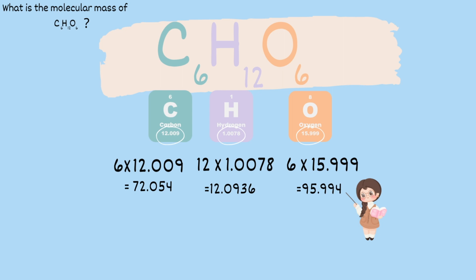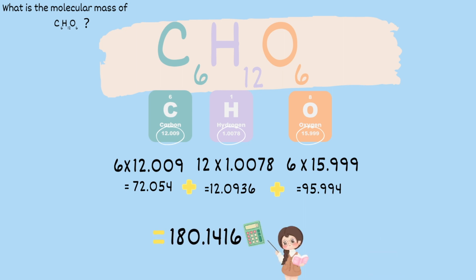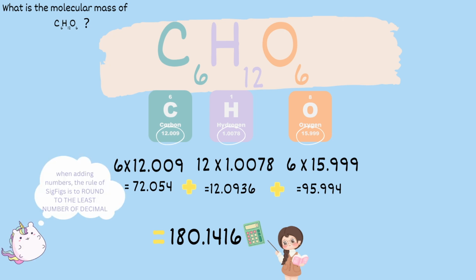We now have the individual masses of each different type of atom in glucose. Next, we just have to add them up to get the entire molecular mass. If we plug that into our calculators, we get 180.1416. However, when adding numbers, the rule of sig figs is to round to the least number of decimal places. To do this, we look at the number of decimal places in the numbers we add up and look for the least amount.